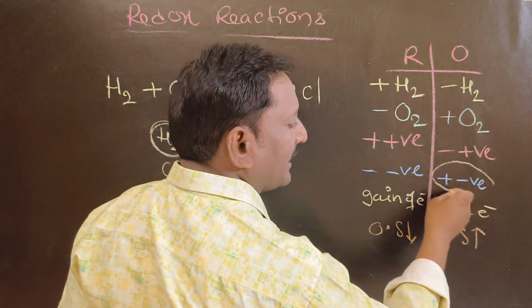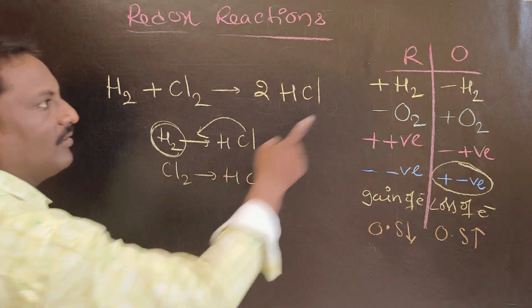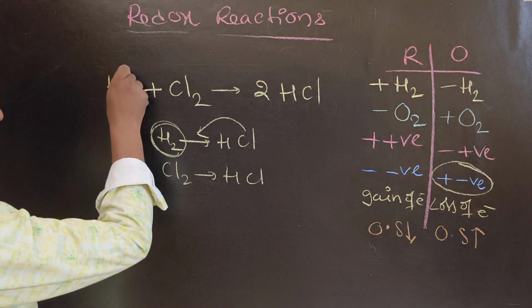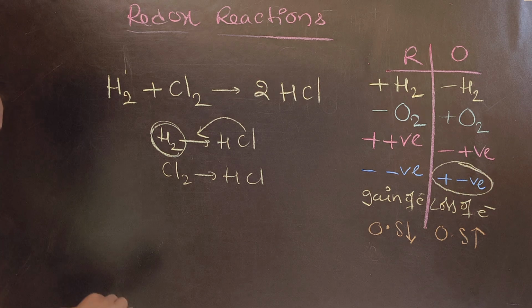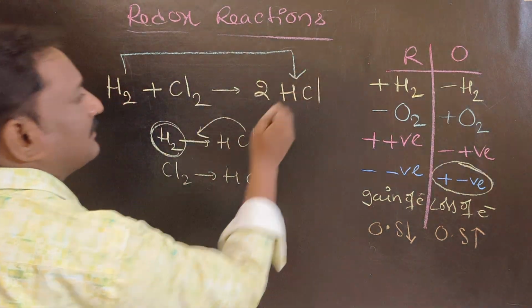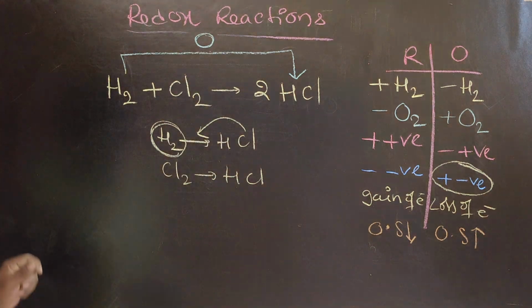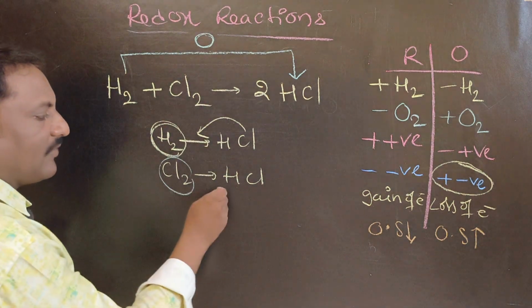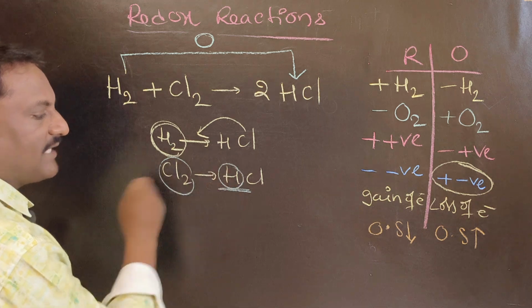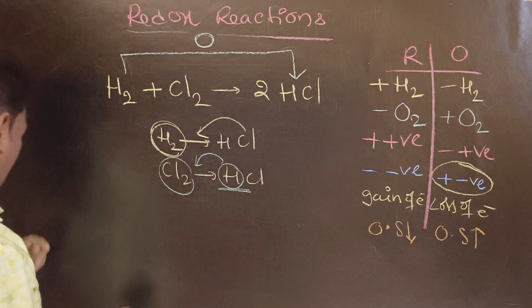Addition of an electronegative element is called oxidation. That means the conversion of hydrogen to HCl is oxidation. Second one, chlorine is converted into HCl. That means hydrogen is added. Addition of hydrogen to any substance is called reduction.